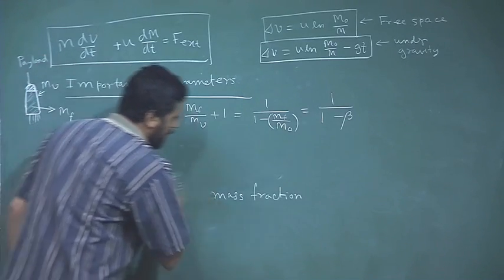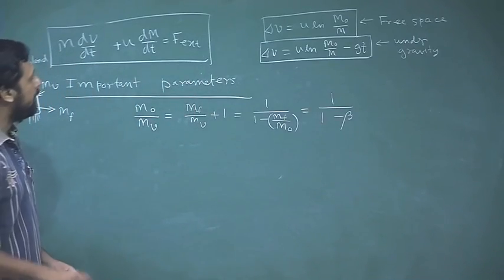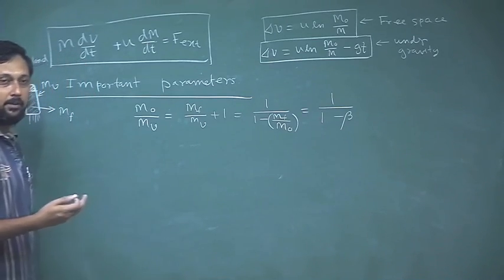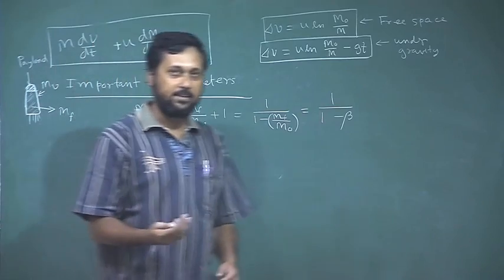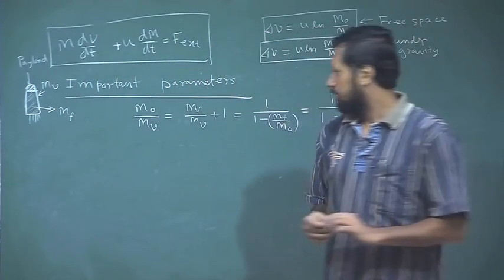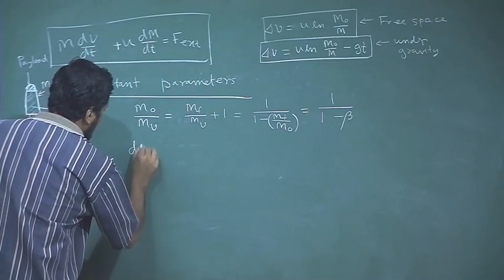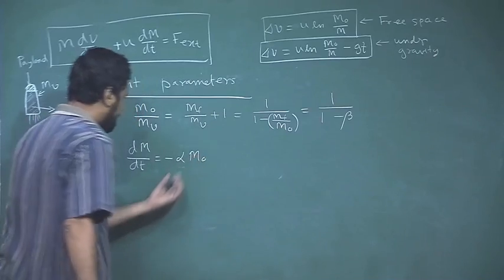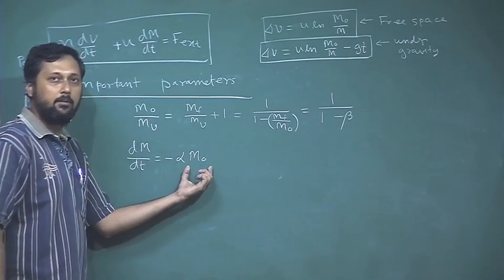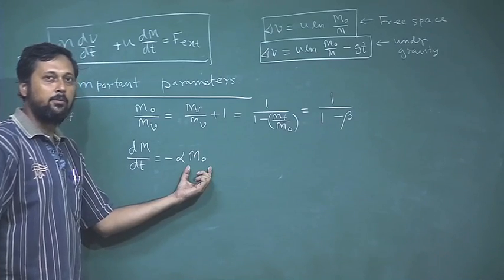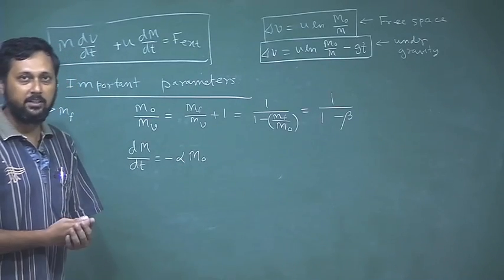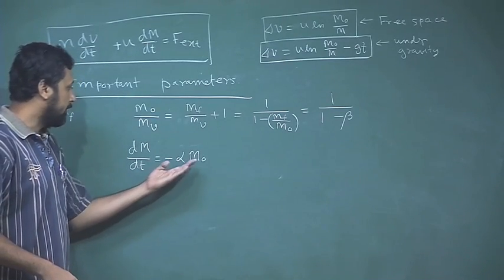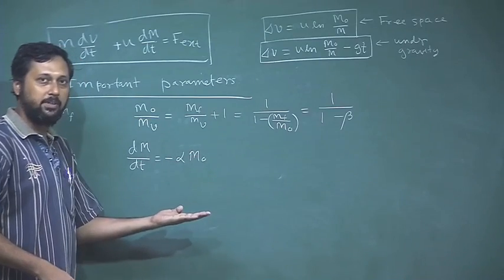One more important parameter is alpha. Alpha is the mass loss rate, typically given as dm dt is equal to minus alpha m0. So, this is given in units of the total initial mass of the rocket. If the total initial mass of the rocket is, let us say, 50,000 kg, alpha is given as something like a per second, so it will be some fraction of this initial mass which is lost per second.